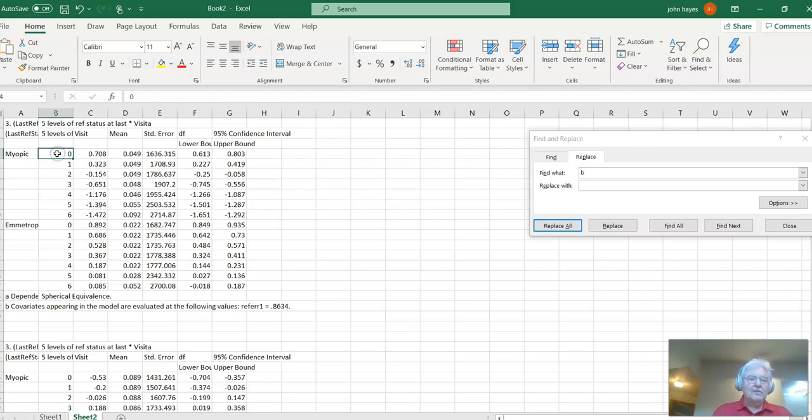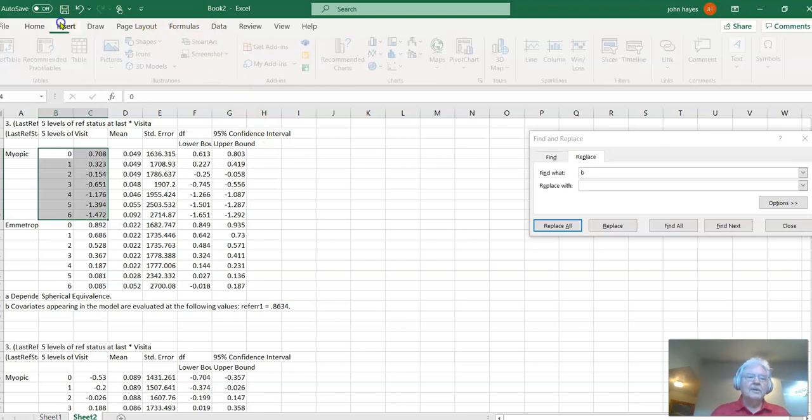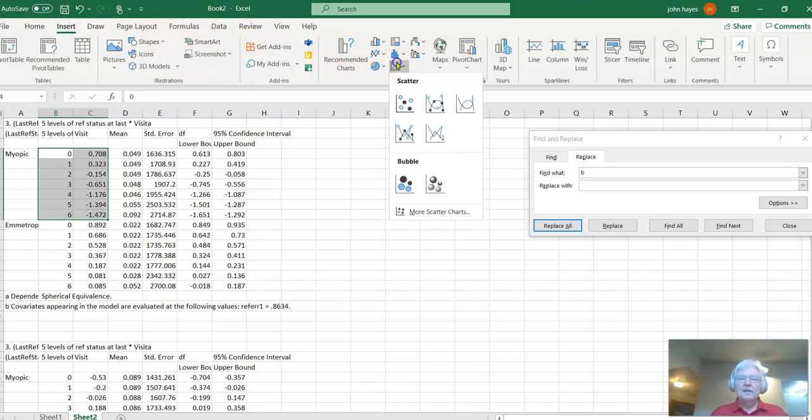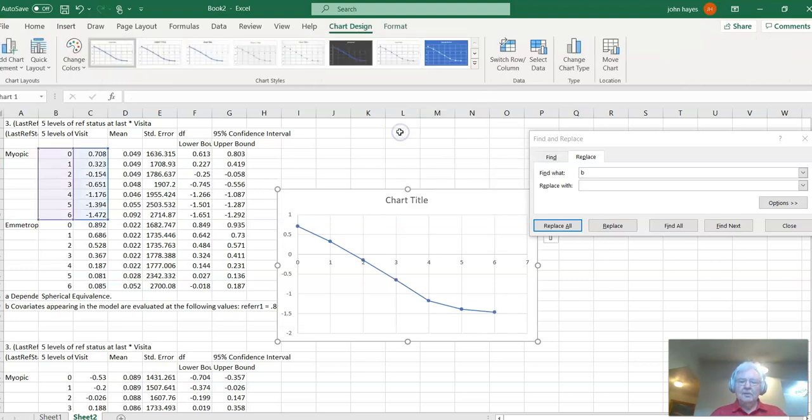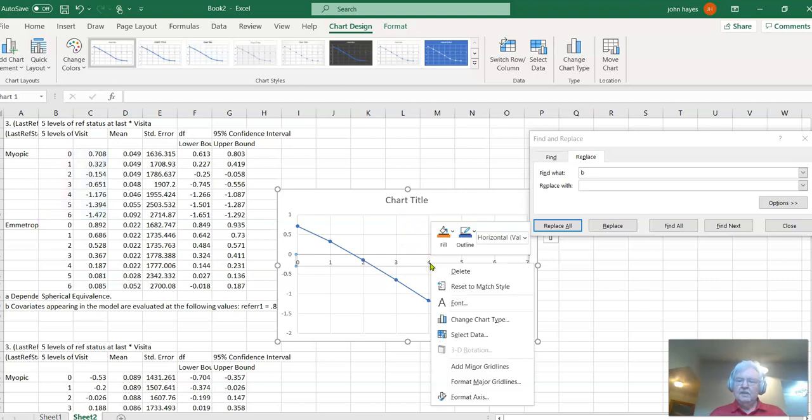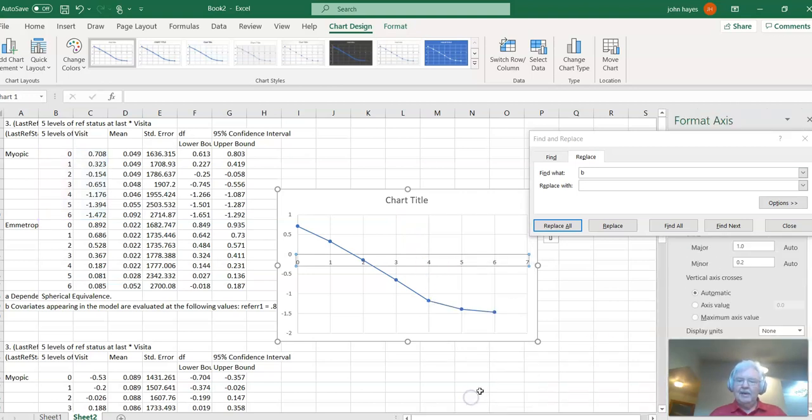So we're going to highlight spherical equivalents, the visit, and the mean. We're going to insert a chart. We're going to make it a line chart with dots. I want to format my axis.